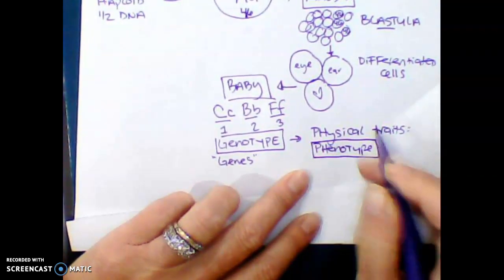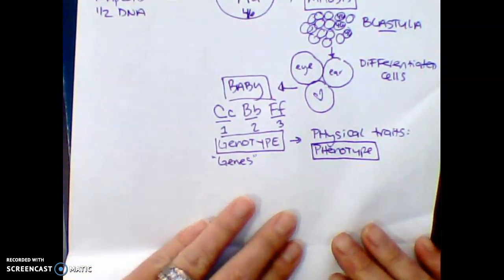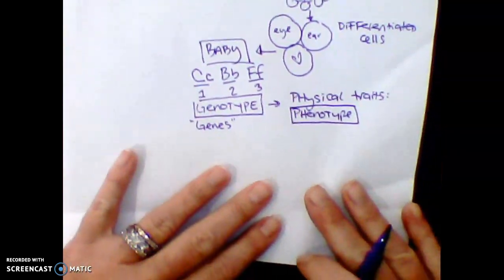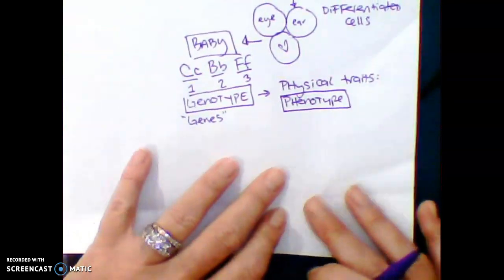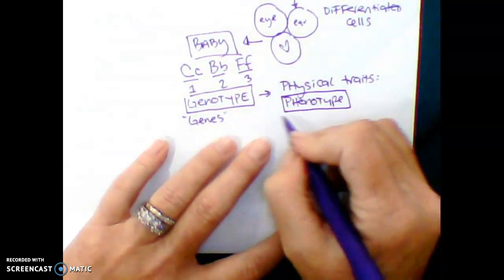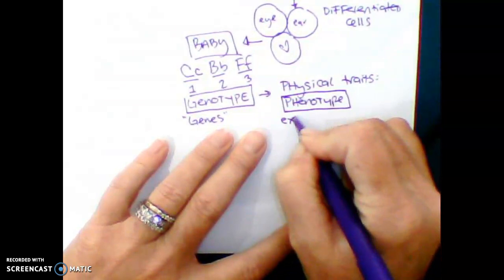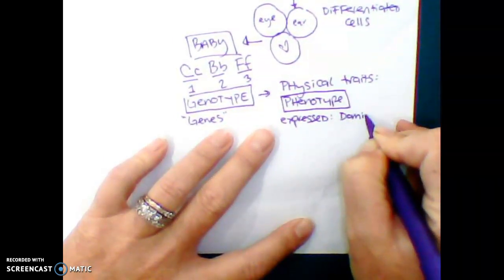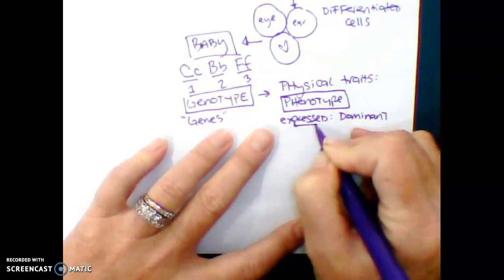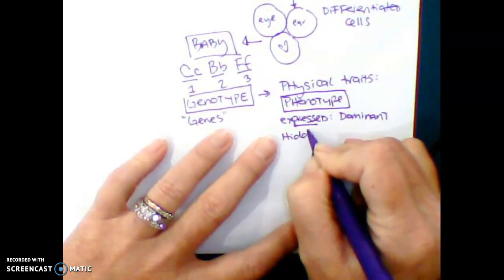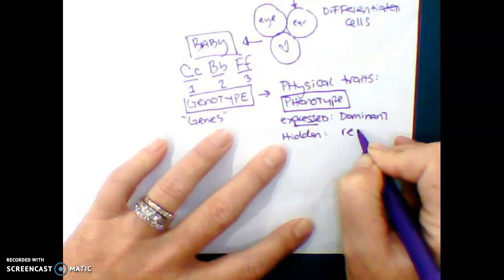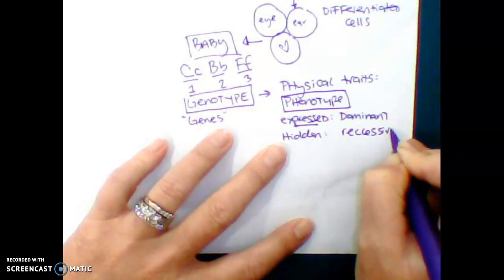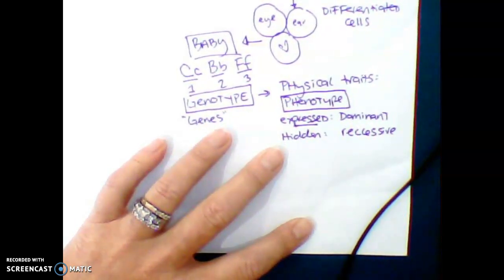Okay? Now the phenotype is either going to be a dominant trait or a recessive trait. So if it is expressed, we represent that as dominant. And if it's a trait that is hidden, we reference that as a recessive trait, okay? Now, what do I mean by that?